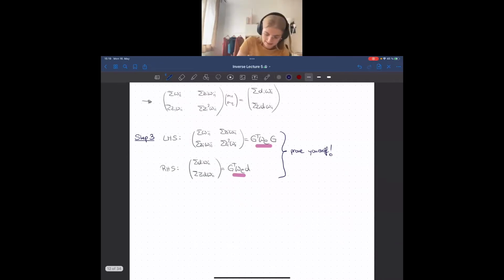Okay, and then step number 4, the last thing missing in what we just did. We look now at the problem G transposed omega E G m equals the right-hand side G transposed omega E d. So that again are our normal equations.